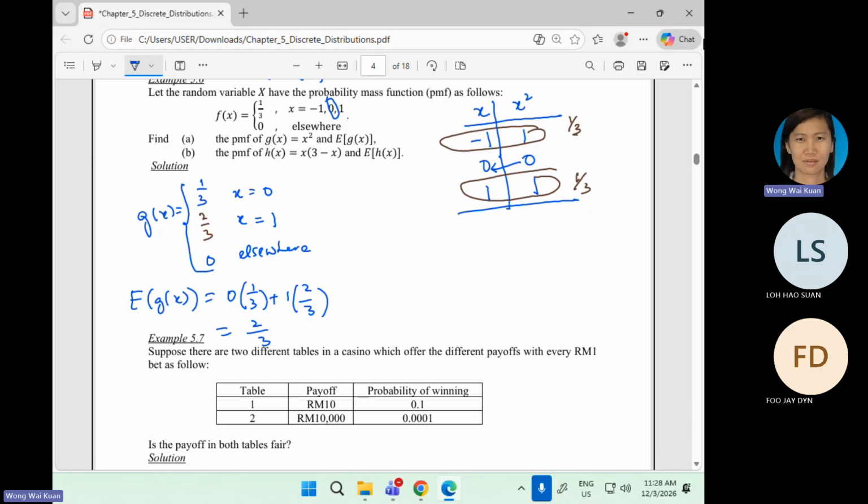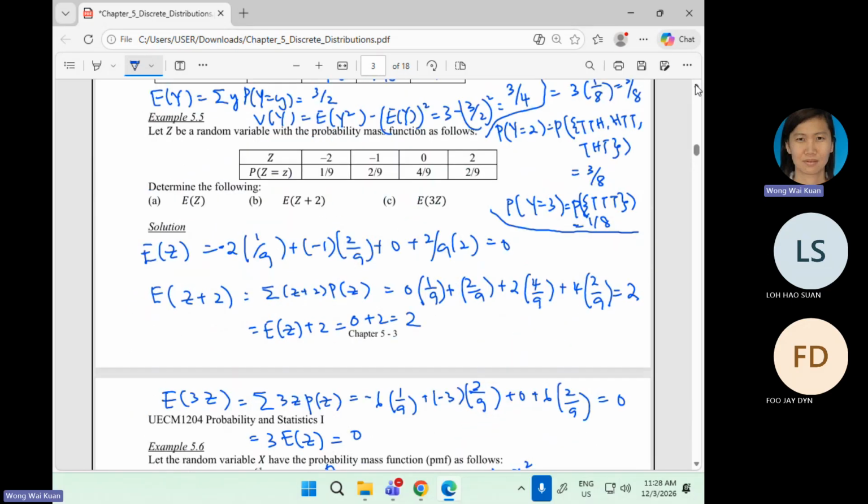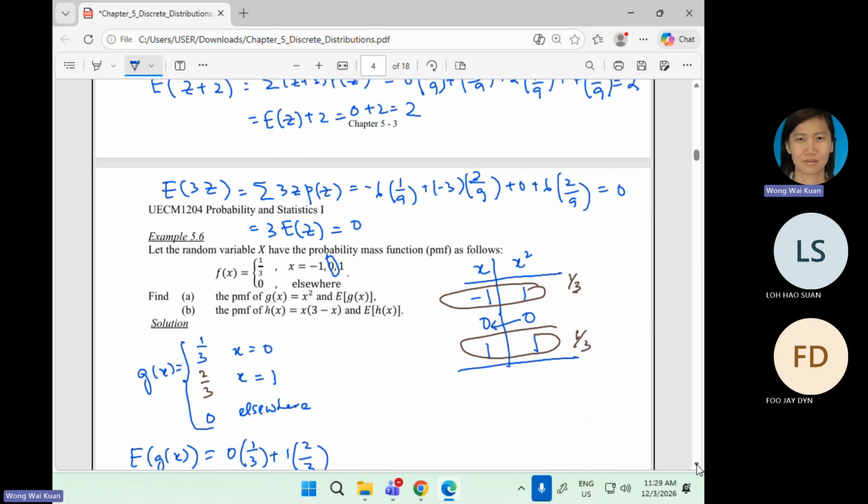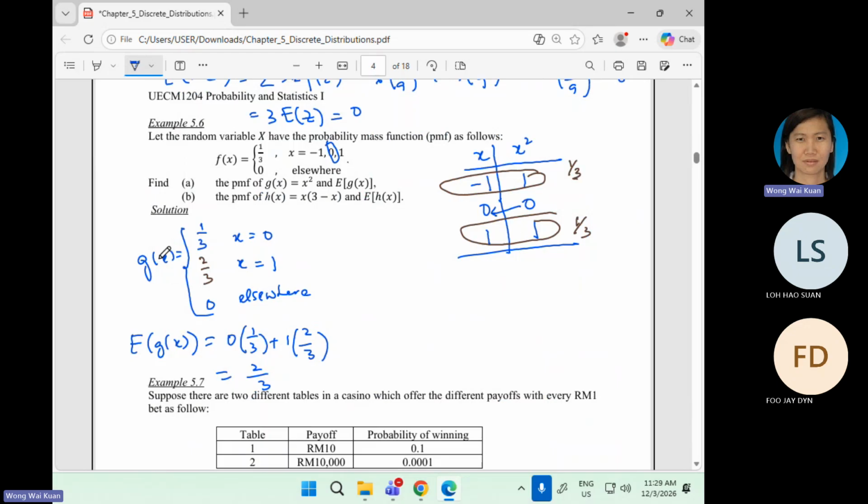Then, here, how can I have my Y is 0? Oh, I have head. The same goes here. How can my g(X) have an X that is 0? My g(X) is X squared, so the square root of this is 0. That's why I have a 0.